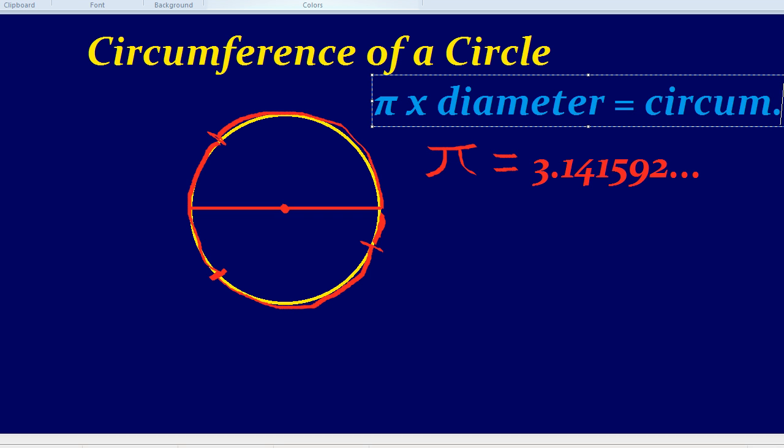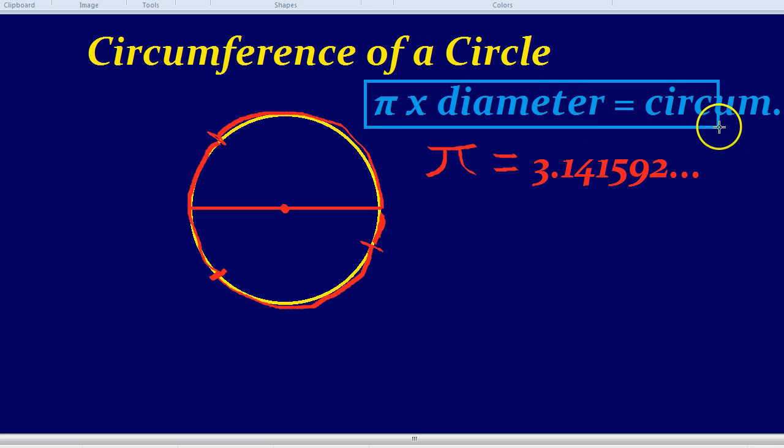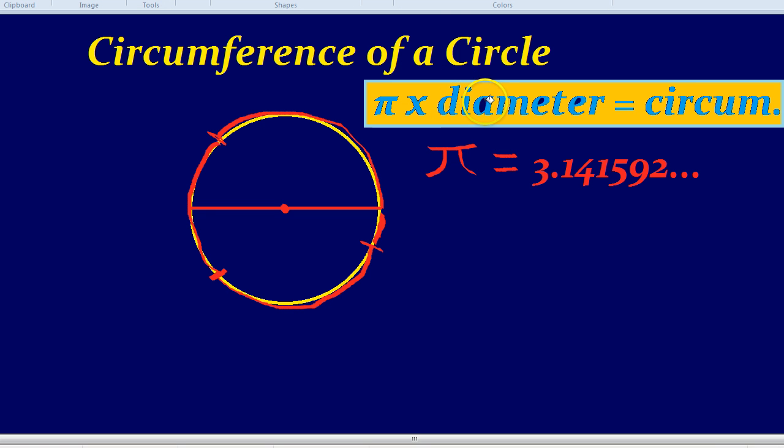So the formula is pi times the diameter. Because that's so mind-blowing, I'm just going to highlight that. We'll keep that blue, and we'll fill it in with an orange. There we go. Pi times the diameter equals the circumference. Really important one to remember.